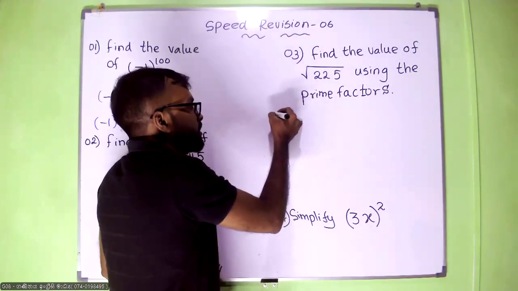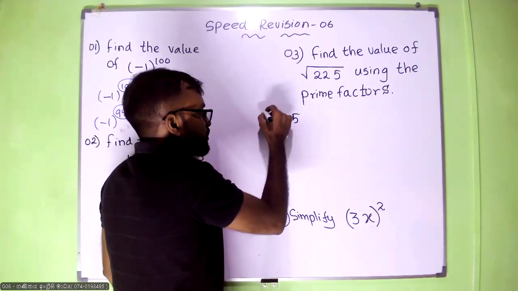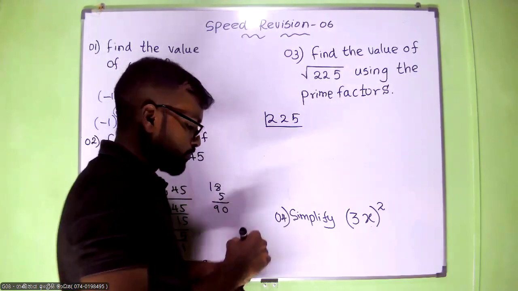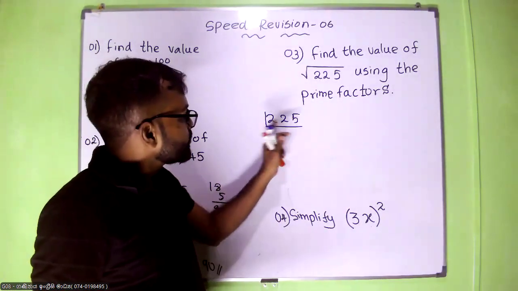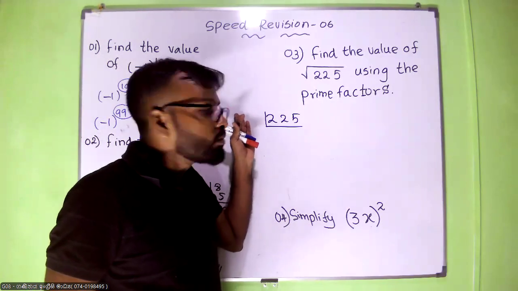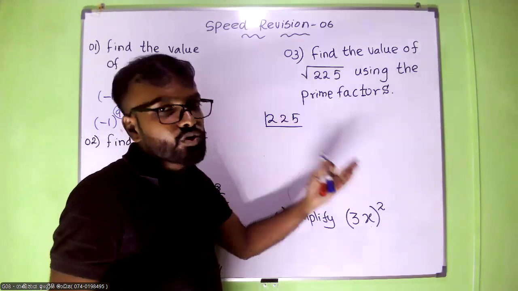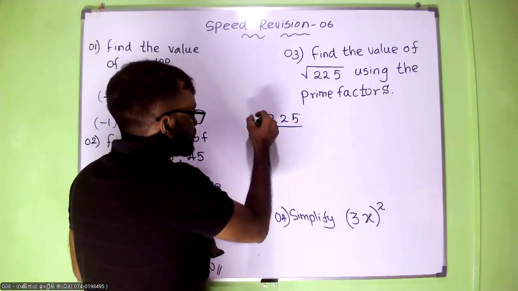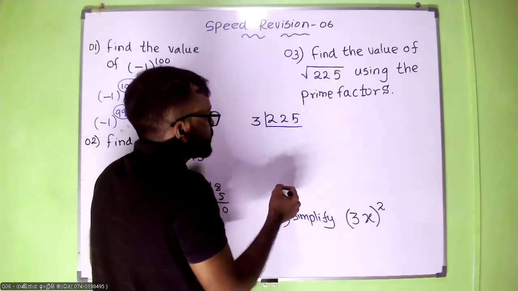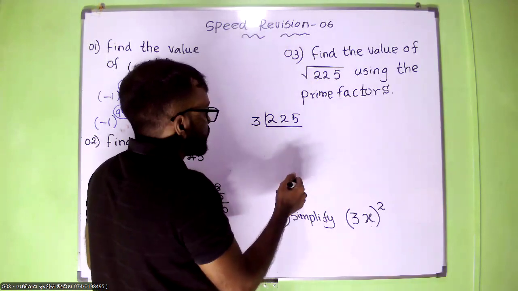So this is 225, and I am going to divide it by using prime factors. First of all, can I divide 225 by 2? No, because this is an odd number, I mean 5 is an odd number, so you cannot divide by 2. Then 3, let's try. I think this can be divided by 3.